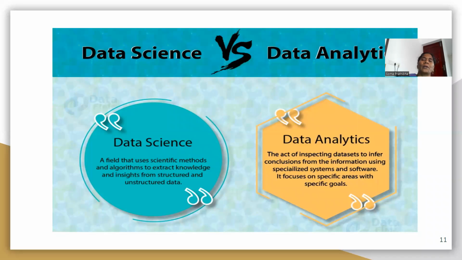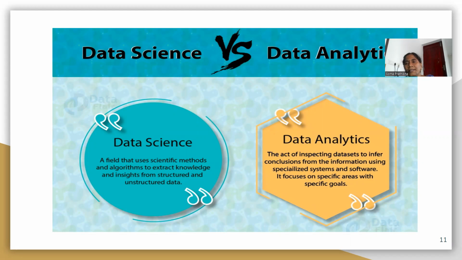Now, a very important difference you have to understand here is the difference between data science and data analytics. Normally people think that they are the same. It's not so. Data science basically deals with applying scientific models and methods to understand the knowledge that is hidden in the data sets.